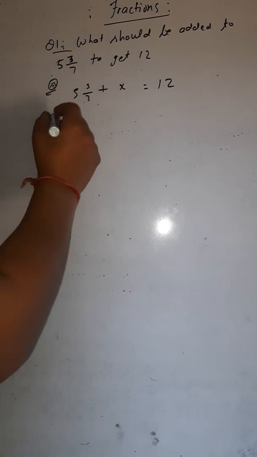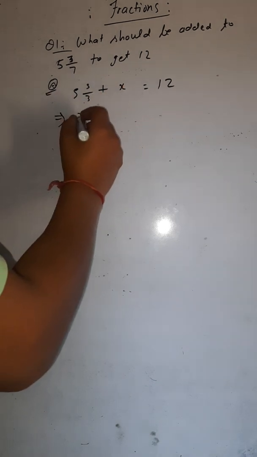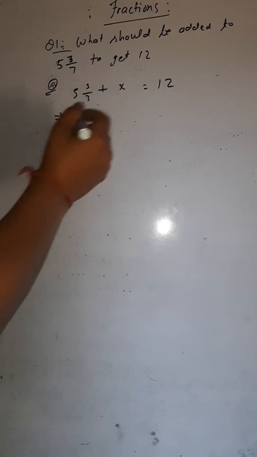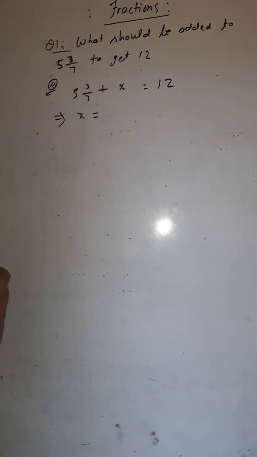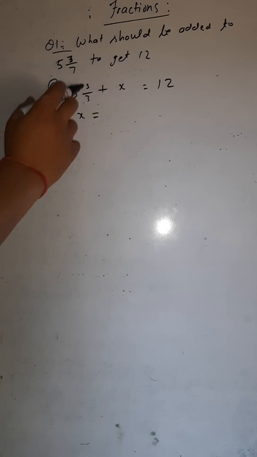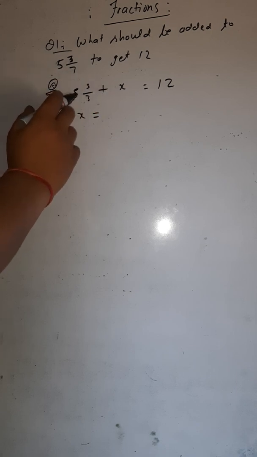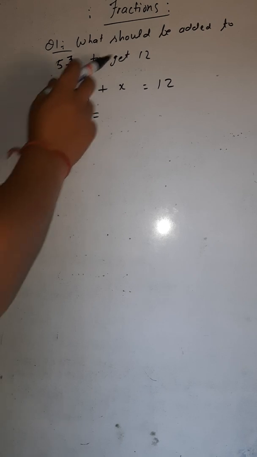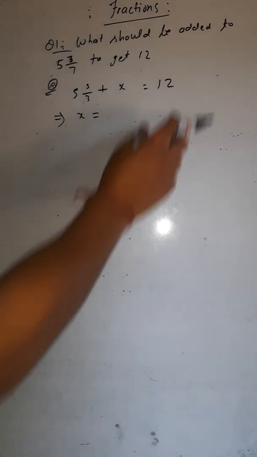Now dear students, if you want to find the value of x, x would remain here and equal to 12. The 5 whole 3 by 7 you do not need here, so you take it to the other side. When it goes there, the sign changes.